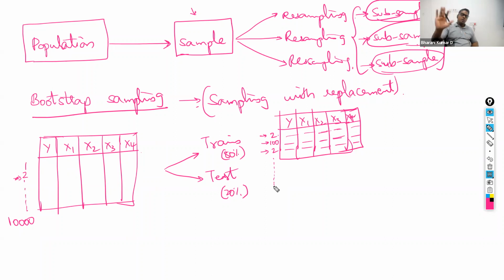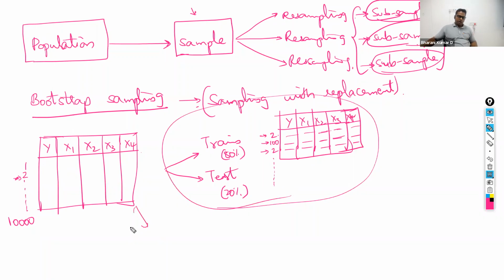When you create n number of samples like this, meaning you have come up with a training and test split, again you come up with another training test split, and again another training and test split. Different times, if you split it in this way with replacement, people say that there is a specific rule, which is roughly 36% of the observations will not be selected at all.